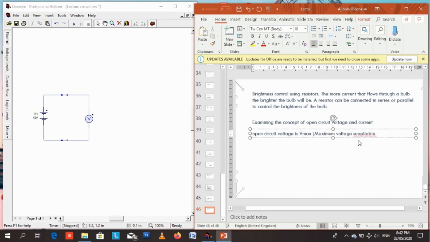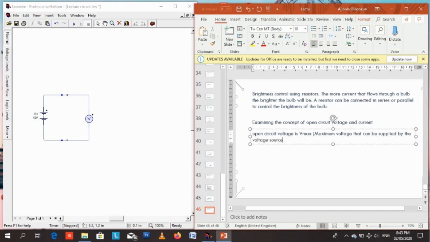The maximum voltage that can be supplied by the DC voltage source or by the battery is your open circuit voltage.